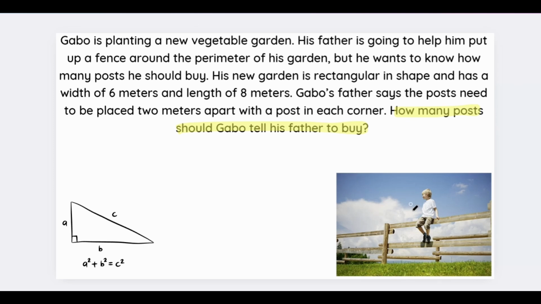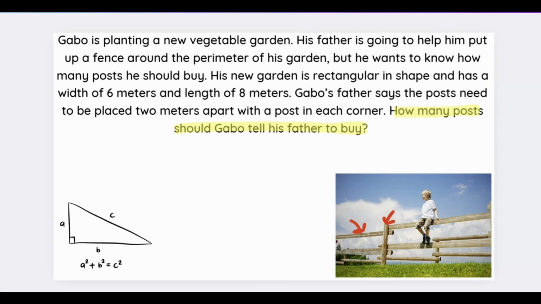As you can see, this is an example of a post, and this is an example of a rail. So his dad wants to know how many posts he needs to buy. So that's our question.